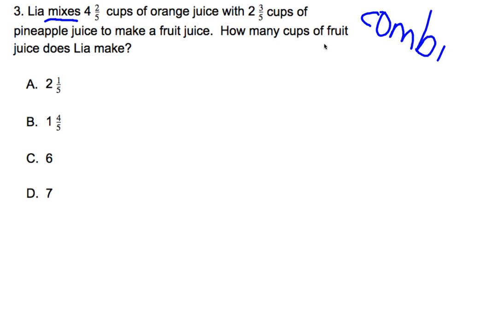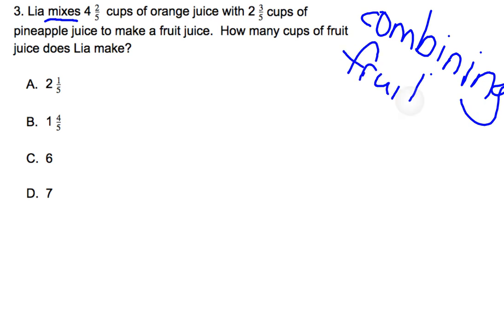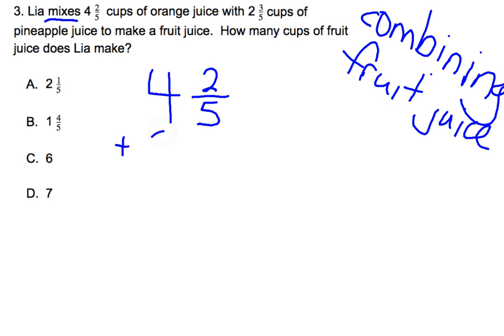And when we're combining the juices, it's making a fruit juice. So keeping that in mind, I am going to add these two mixed numbers. 4 2/5 plus 2 3/5.